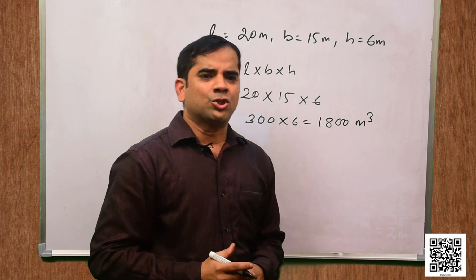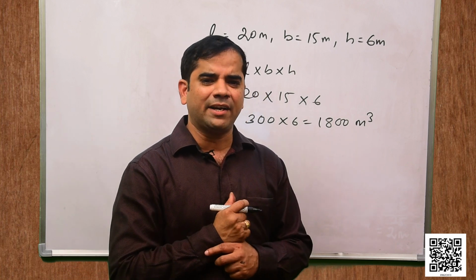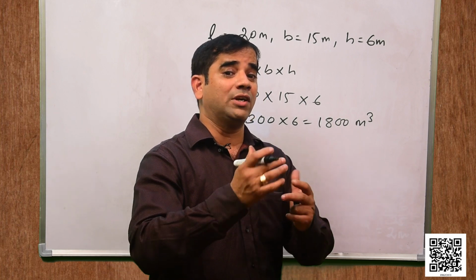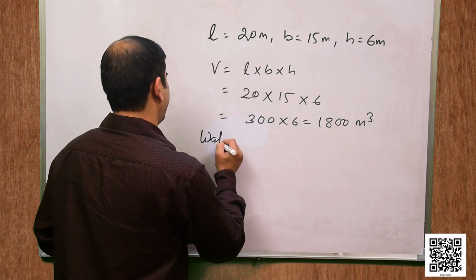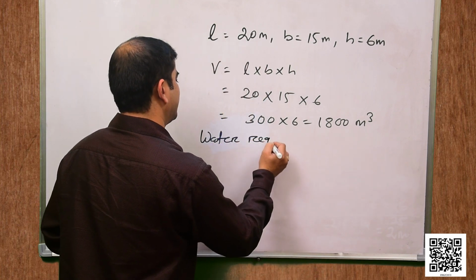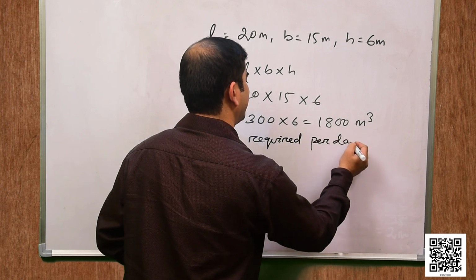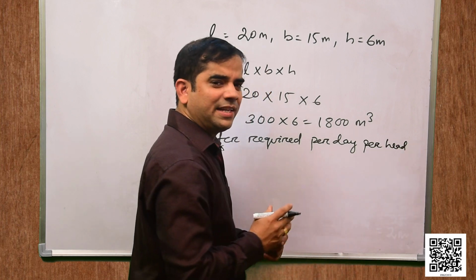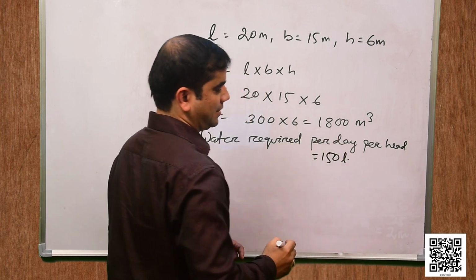Fine. So water required per head per day is 150 liter, isn't it? So water required for 4,000 people is to be found. Water required per day per head is given as 150 liter.